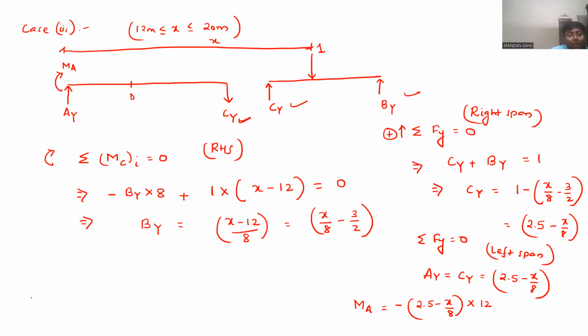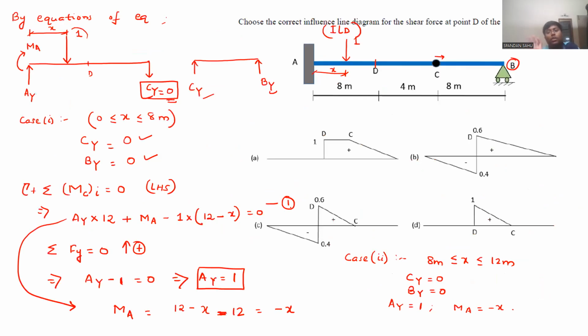Or else, to make it easy, let us change the direction here only. This will be MA now. Now we got MA, Ay, Cy, By, means we got all the reactions now.